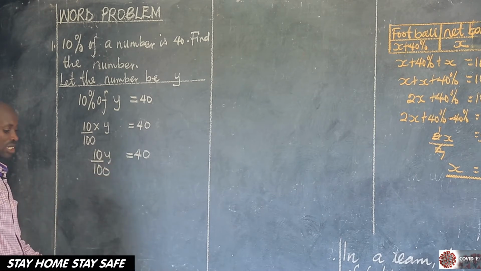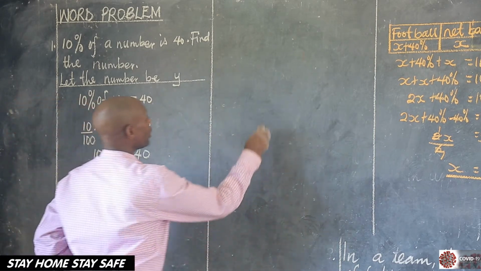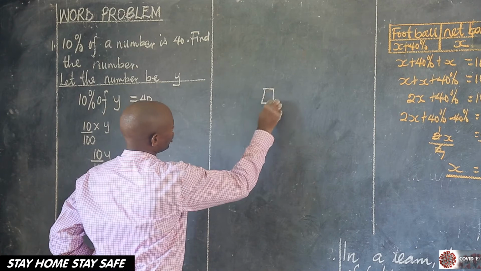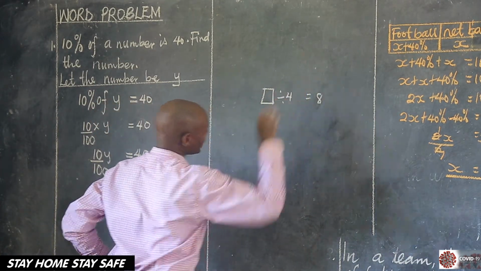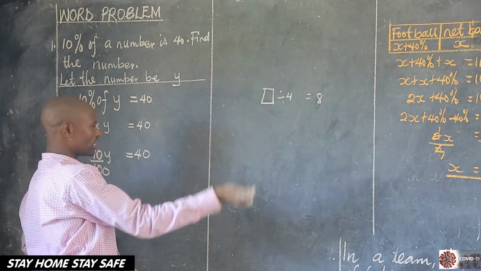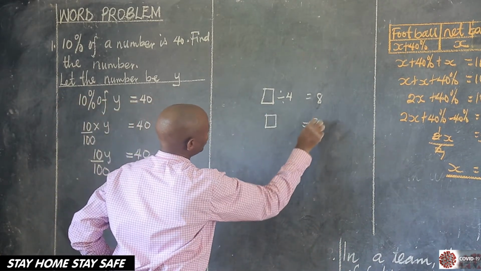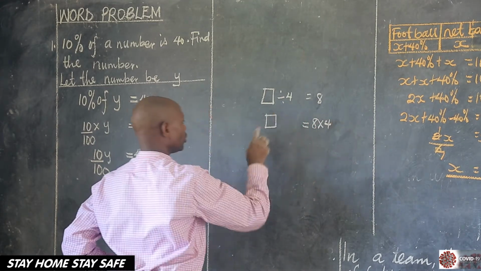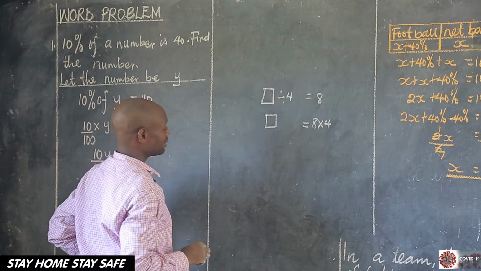This equation pushes us to P4 equations, whereby they used to tell you that a box divided by 4 is equal to 8. And what were you doing in P4? You were saying a box is equal to 8 times 4. When they give you a division, you multiply. Do you still remember that? Yes.